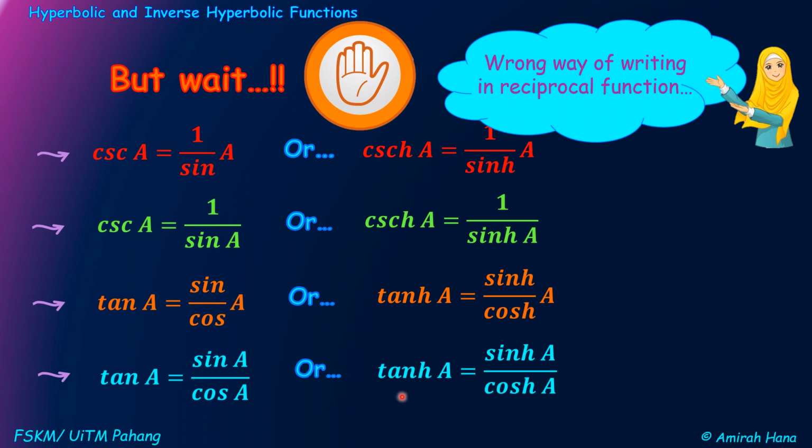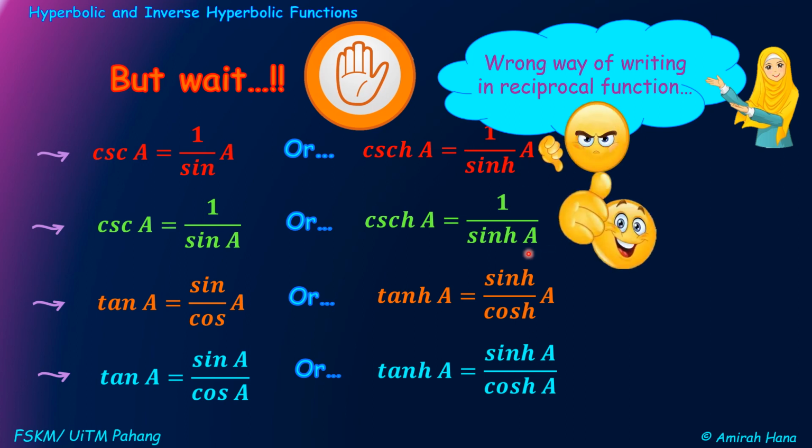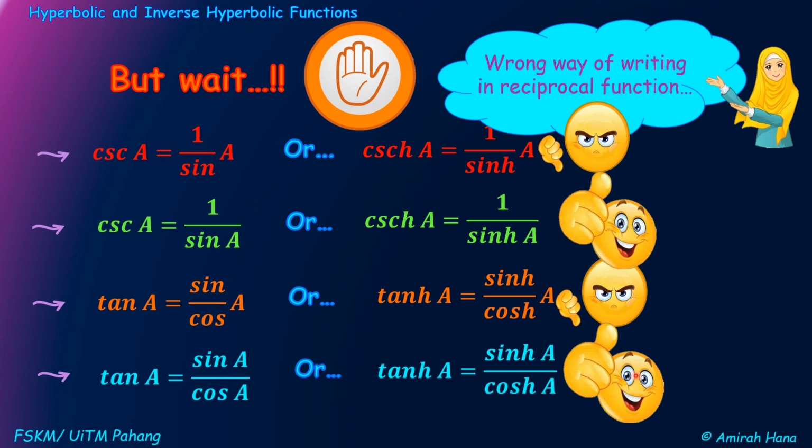Or tan A equals sin A over cos A. We put A beside sin and we put A beside cos. Right? This is wrong, this is right. This is wrong, and this is right.